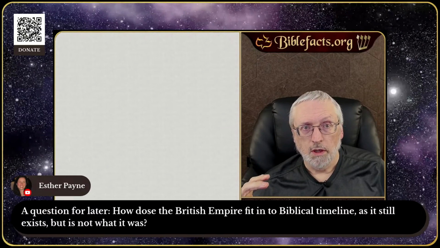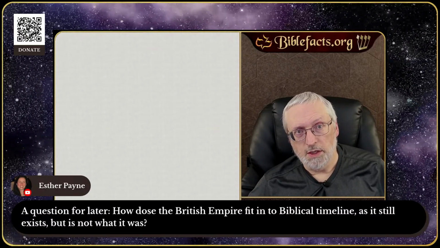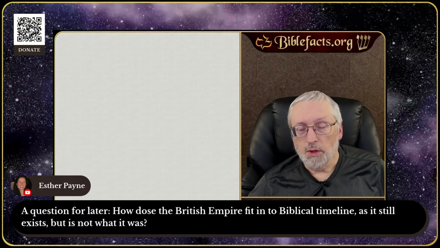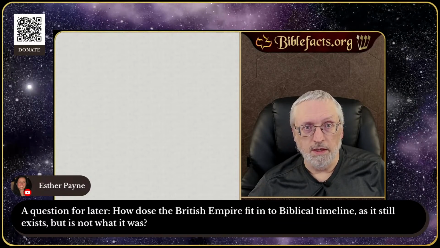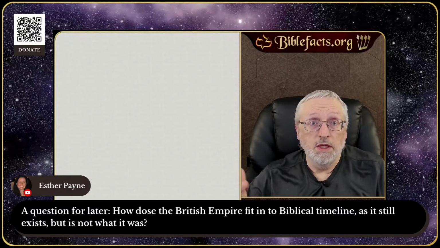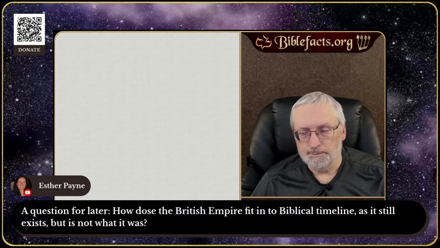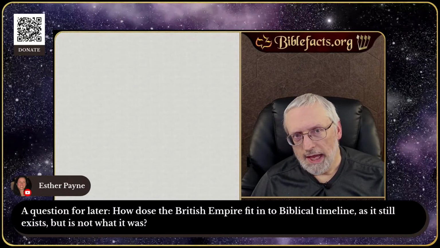We had 13 colonies that formed a nation and then continued. So you're really speaking about America specifically. So Britain, America, and the others probably most likely would be against a Russian invasion. And so we have that there.